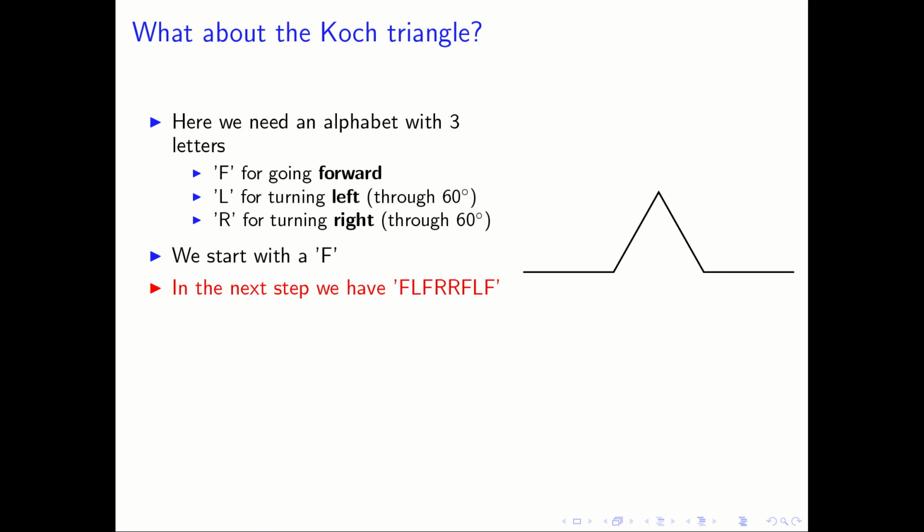The answer is they don't change at all. Because all you need is L should stay L, R should stay an R. So this is the rule. Just start with an F and at every stage replace all the F's that you have in the previous word with the string FLF, RR, FLF.